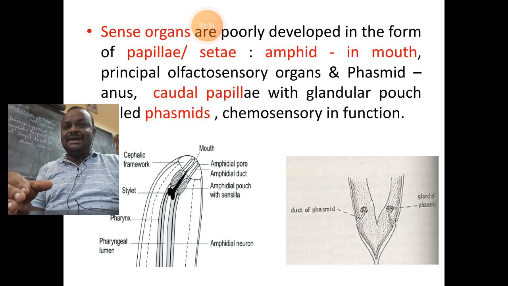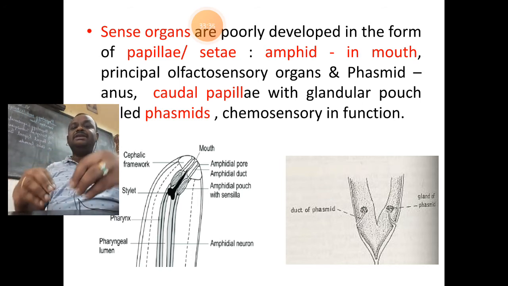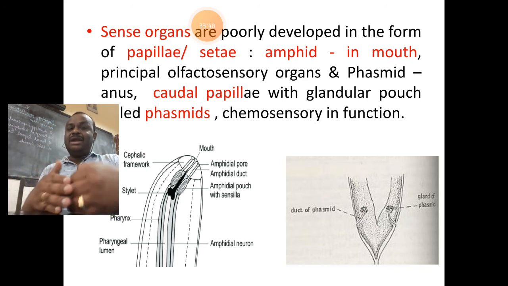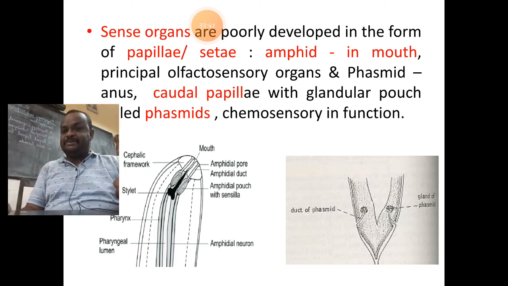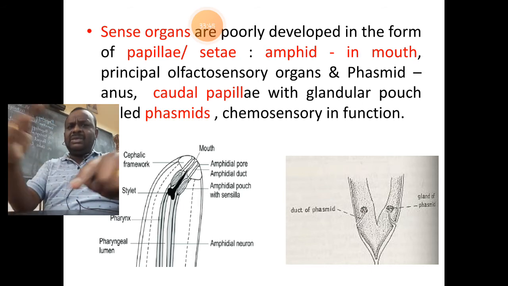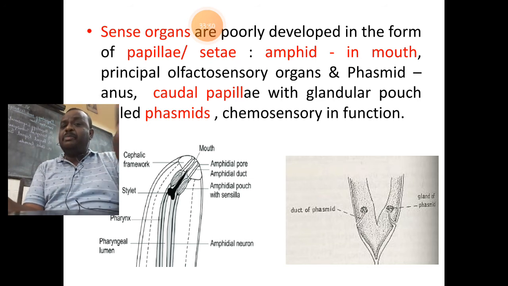As we have discussed earlier, some sensory organs are seen towards the anterior end, which we call amphids, and some at the posterior end, which we call phasmids. The diagram down towards the left side shows amphids, indicating the presence of sensory organs towards the anterior end, and phasmids towards the posterior end.